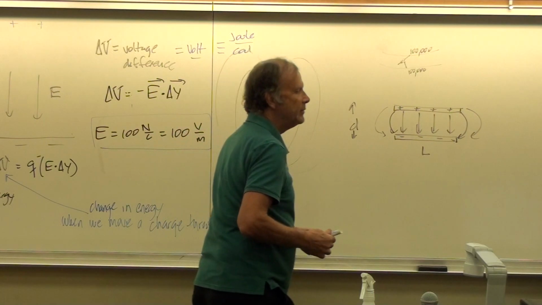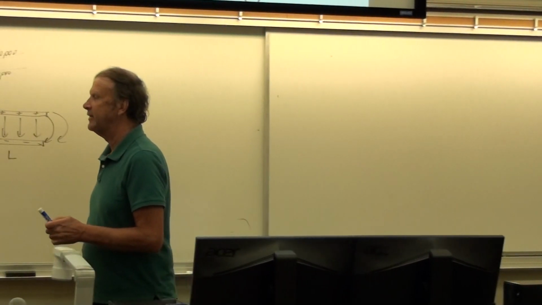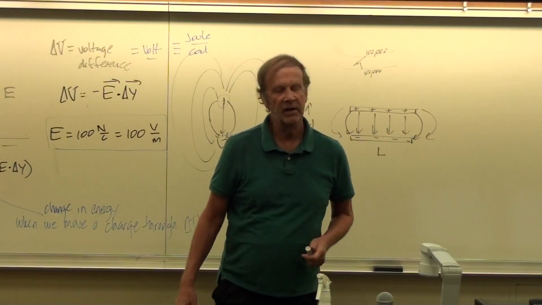So a chemistry class is probably a better place to get all of the details for how it works, because that's where you deal with the chemical reactions and the redox and all of that.